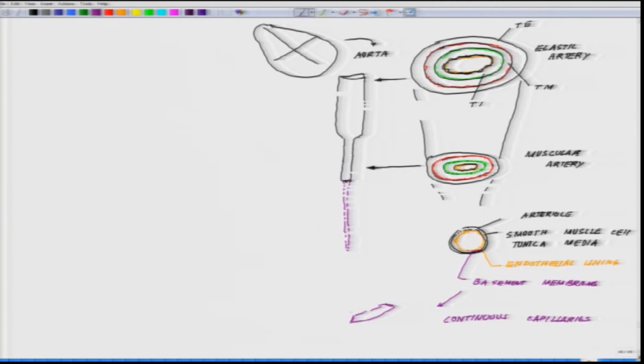Yet these continuous capillaries are purely made up of the endothelial lining, and they have a lot of structures called fenestrae.